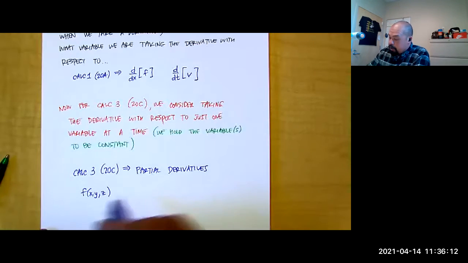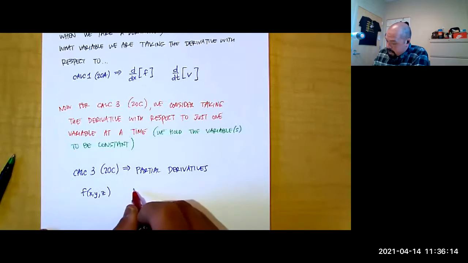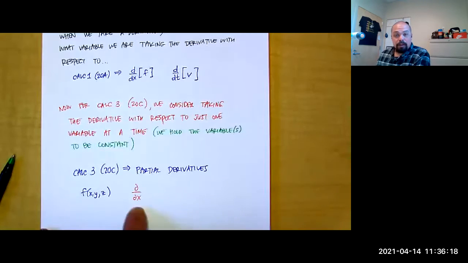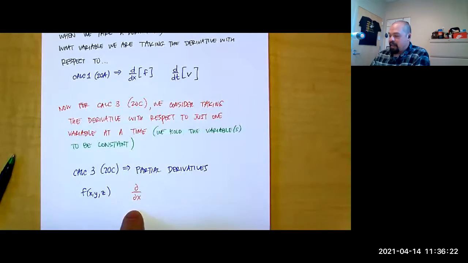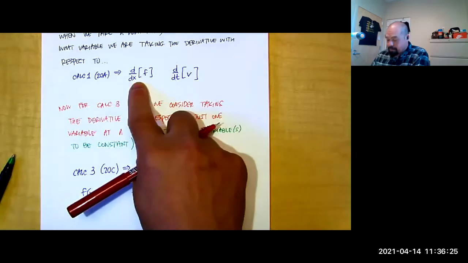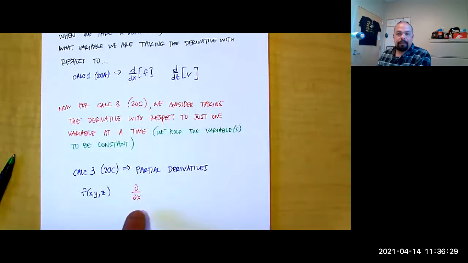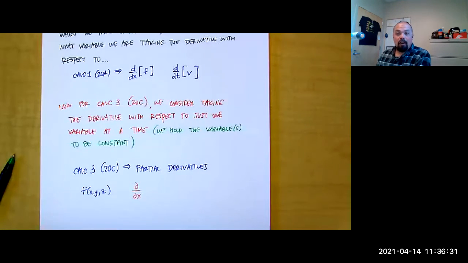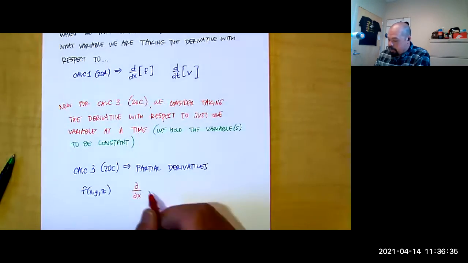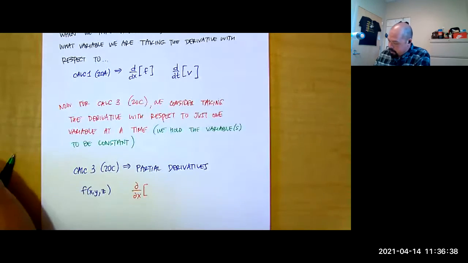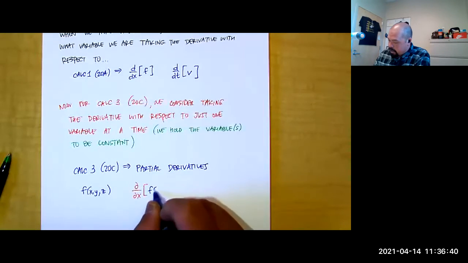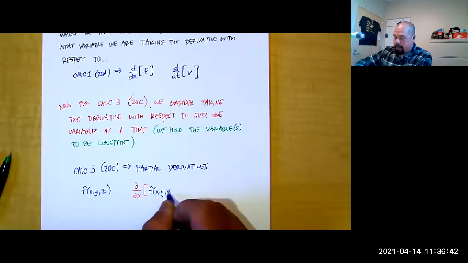But what we can start to look at is taking the partial, and now with that partial derivative notation, instead of that standard straight d, now we have our more script-like, curly d dx for that function of x, y, and z.